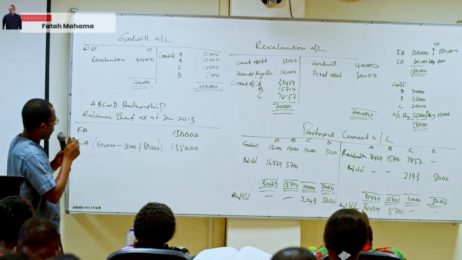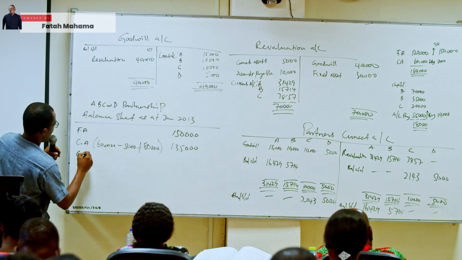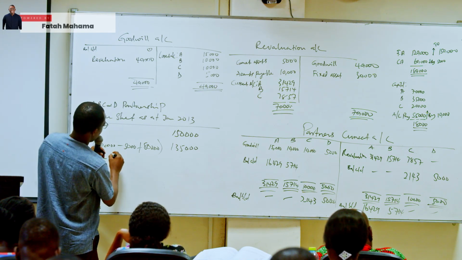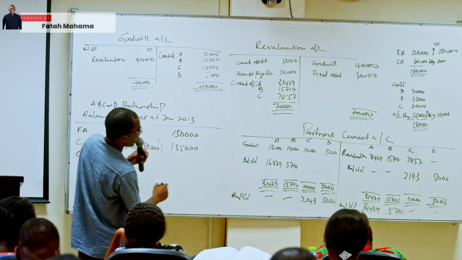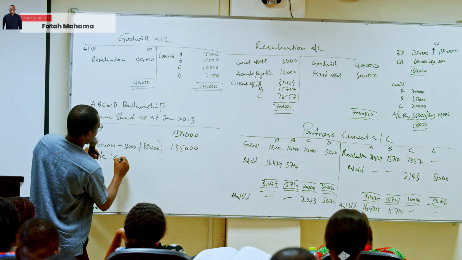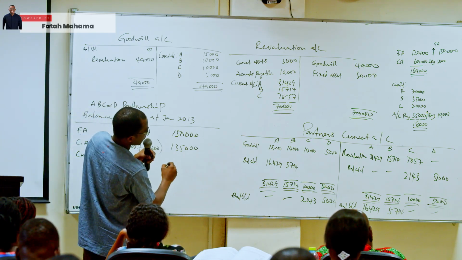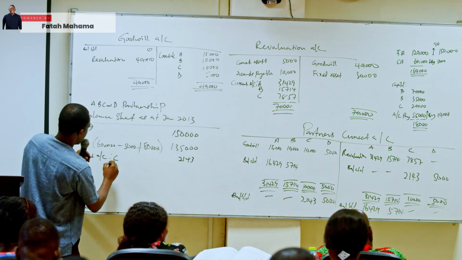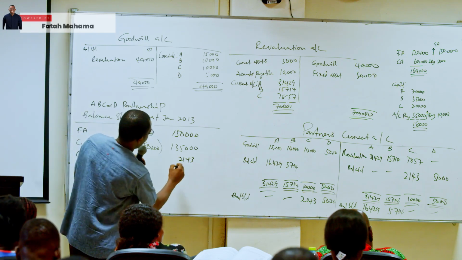So what I should do is I should say current account. And then we have what? Who are the guys who have the debit? C. C's debit is how much? 2,143. And this is what? 5,000.